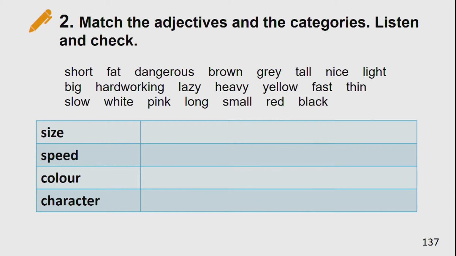Work individually now. Open your copybooks, copy the table with 4 categories: size, speed, color, and character. Then write the words from the box in the correct column. Done, guys. Work with your partners now. Name a category and read your words.